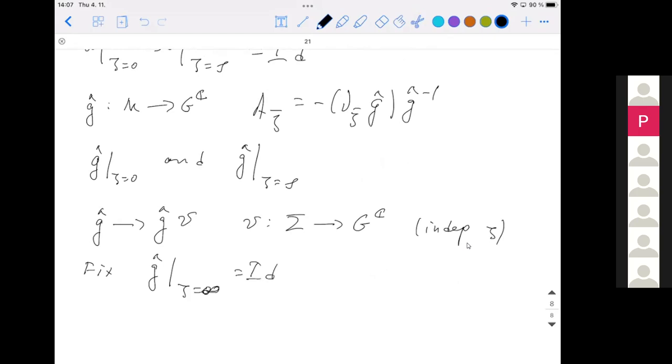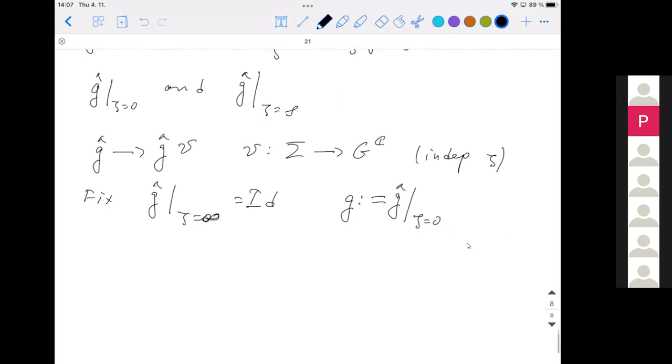Then we have left only one gauge degree of freedom, which we will just call G, just at the 0. So this is the only degree of freedom on this two-dimensional field.